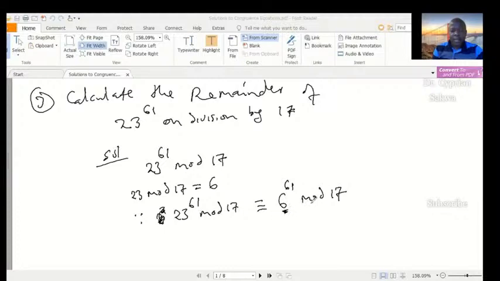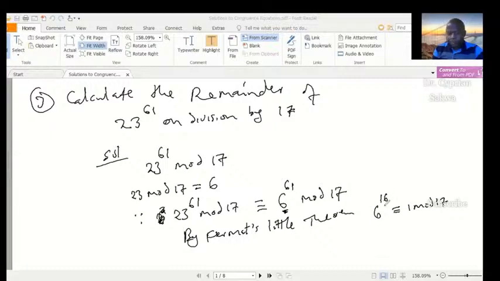So by Fermat's little theorem, if this is prime and does not divide that, then we know that 6 raised to 16 will be congruent to 1 mod 17.